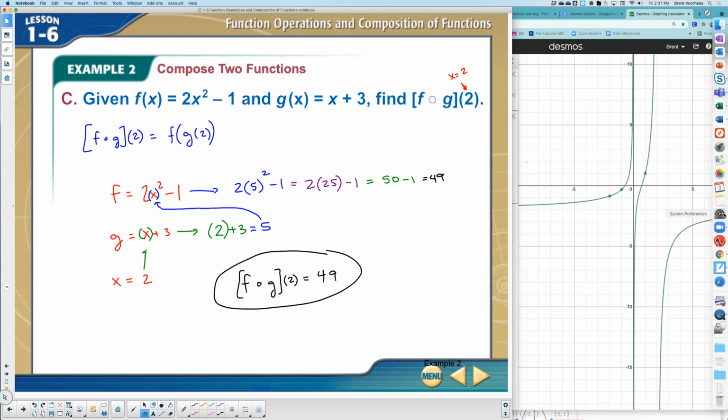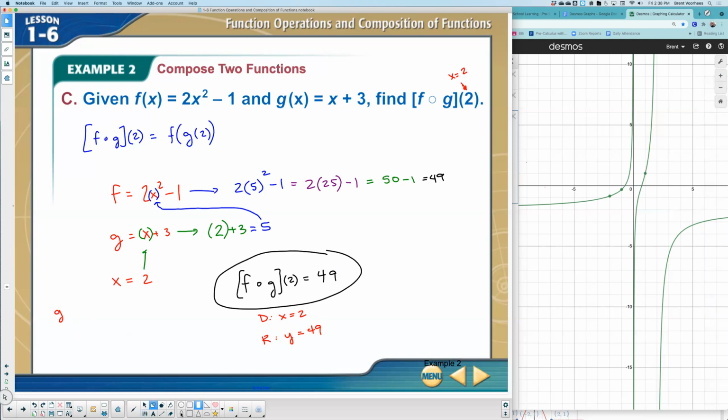Now on this problem, we were given one domain value. What was our one domain value we were given? 2. We found the range to be 49. So let me tell you how this works. We started with the original domain on g's equation, and I'm going to draw 2 ovals to represent domain and range.